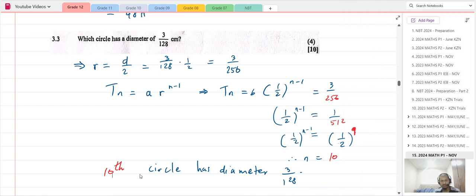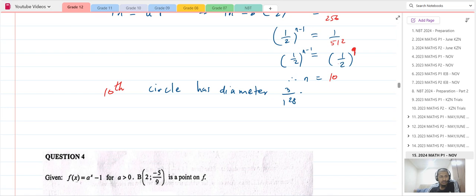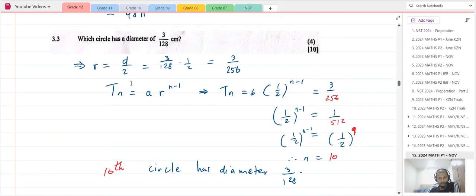So this is correct: the 10th circle, not the 8th circle. That's why it's very important to check your answer, guys. I hope you did it the correct way like this, not the previous way. I made a mistake earlier when dividing, so we have to check the answer when solving.